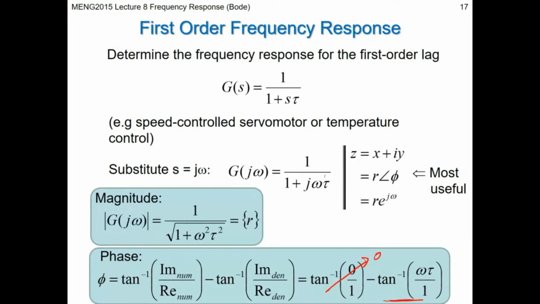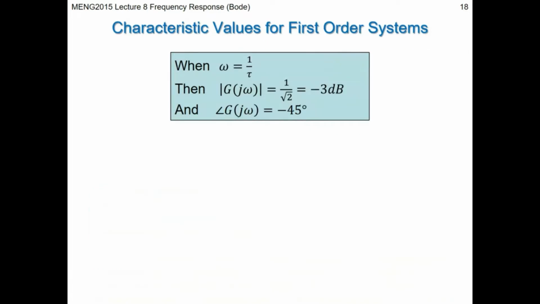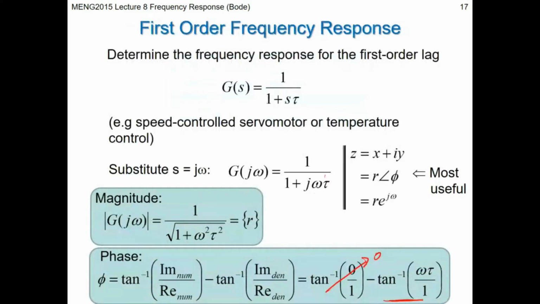omega tau over 1. Now, we're going to look at a special case for this first order system, where omega is 1 upon tau. If omega is 1 upon tau, then we're going to have 1 upon tau squared here, and 1 upon tau here.